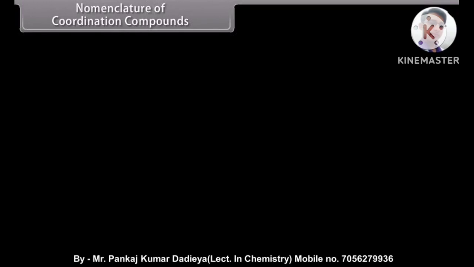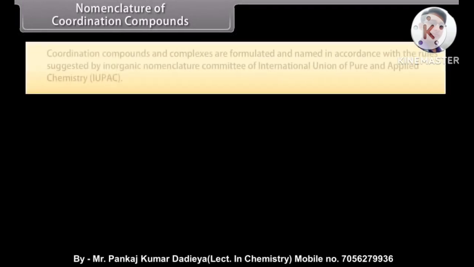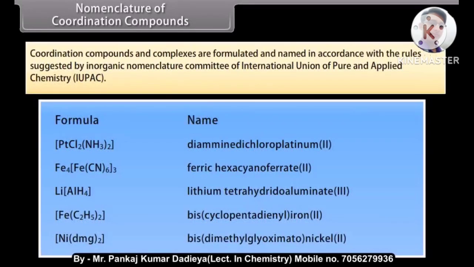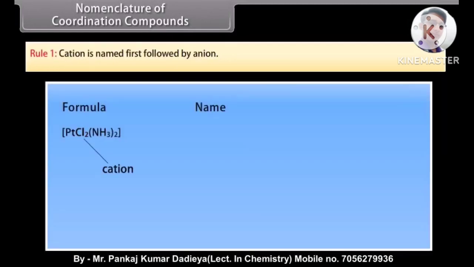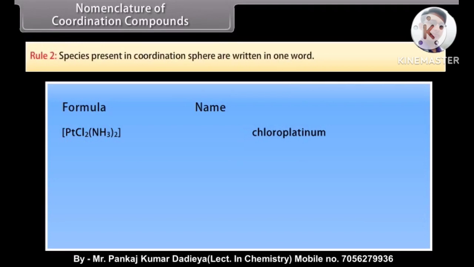Nomenclature of coordination compounds. Coordination compounds and complexes are formulated and named in accordance with the rules suggested by the Inorganic Nomenclature Committee of the International Union of Pure and Applied Chemistry. Rule 1: the cation is named first, followed by the anion. Rule 2: species present in the coordination sphere are written in one word.